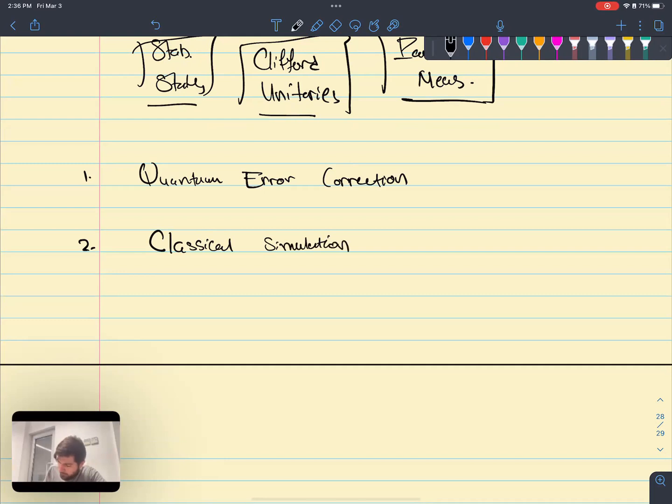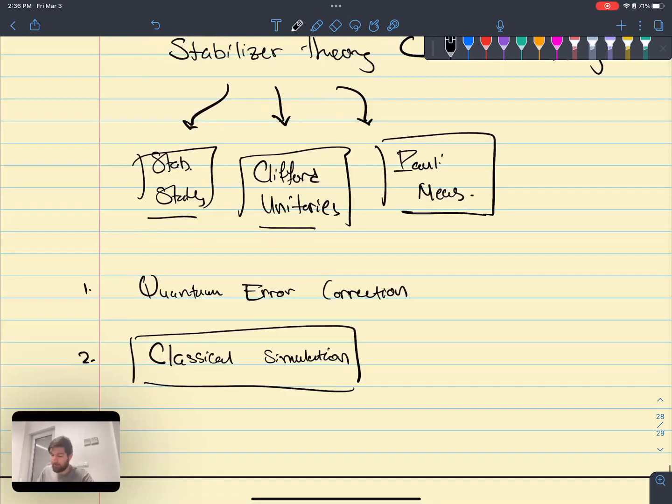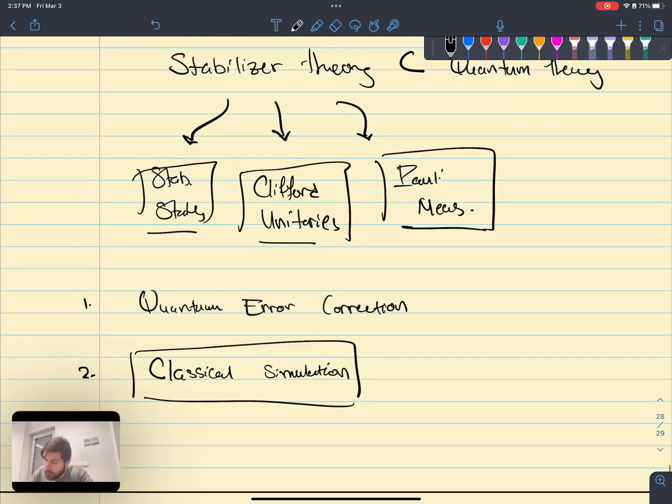Essentially, we have the Gottesman-Knill theorem that I mentioned before, which tells you that if I have a quantum circuit consisting of these basic constituents, the stabilizer states, Clifford unitaries, and Pauli measurements, which I will define as we go, then you can efficiently simulate this on a classical computer.